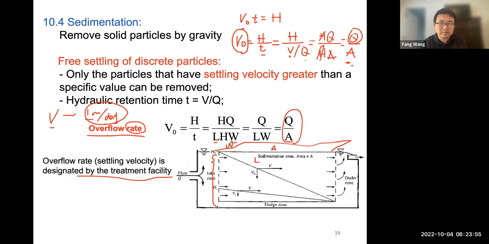So in the sedimentation process, we're only trying to remove particles with a settling velocity greater than a specific value. We further derived how this settling velocity is related to the configuration of the water treatment facility, and based on that, you can do some design calculations.